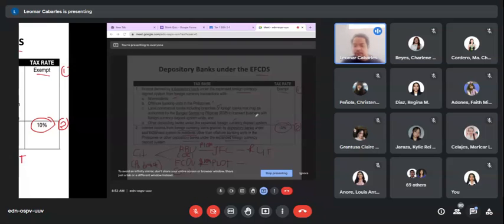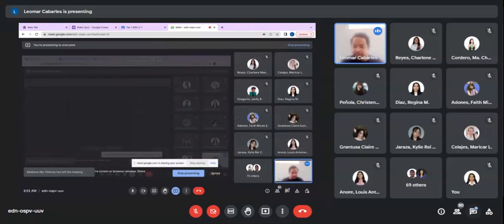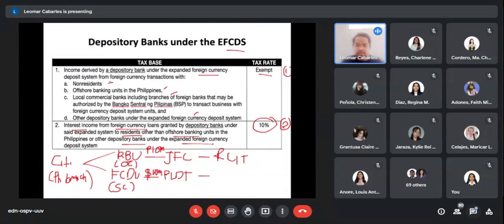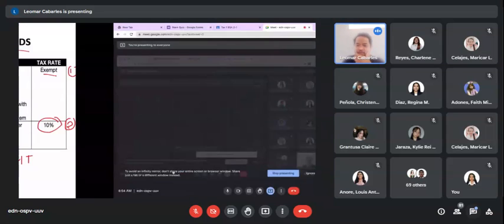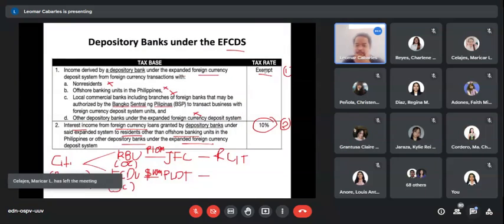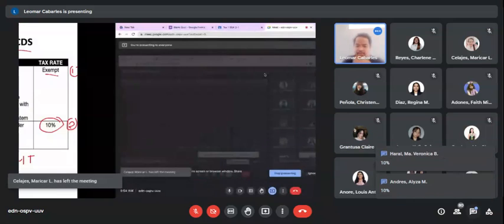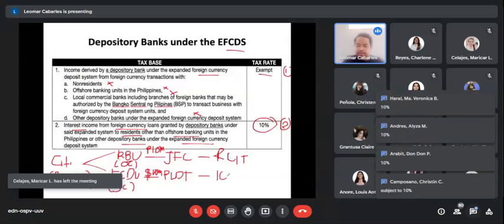Titignan mo ngayon yung borrower mo. PLDT. PLDT is resident, so hindi ito applicable. Hindi siya banking unit, so hindi siya bank. So what is this transaction? Subject to 10% tax or exempt? Yes, this is subject to 10%.